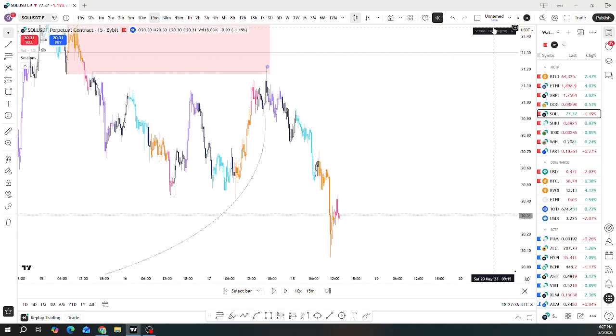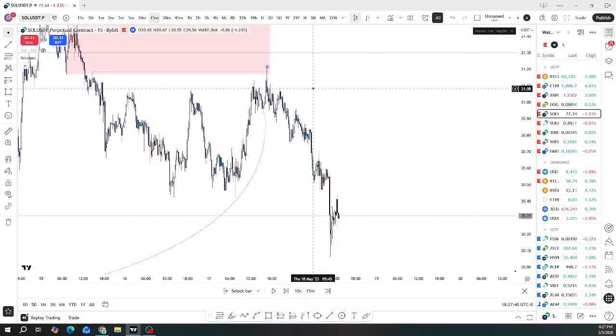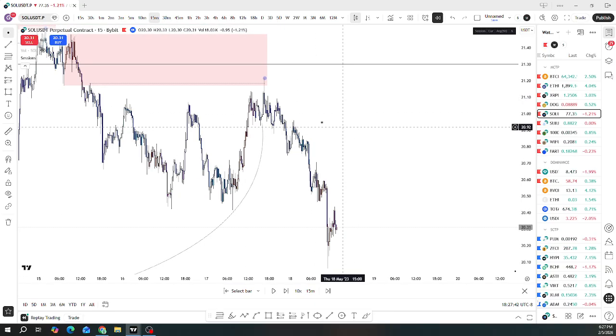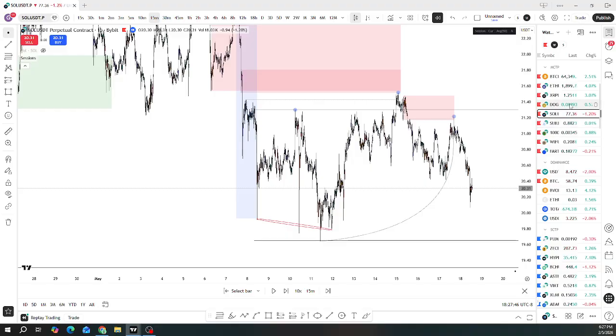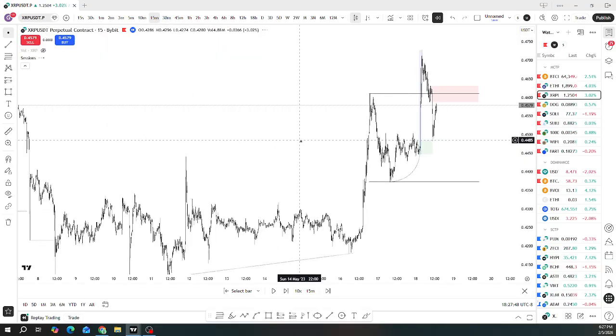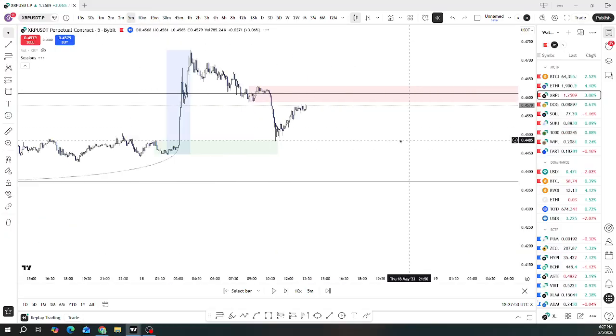Super aggressive pop-up into it though, that you can't really label as manipulation. Yeah. Not a super high quality entry. Let's see if XRP wants to do anything interesting here.